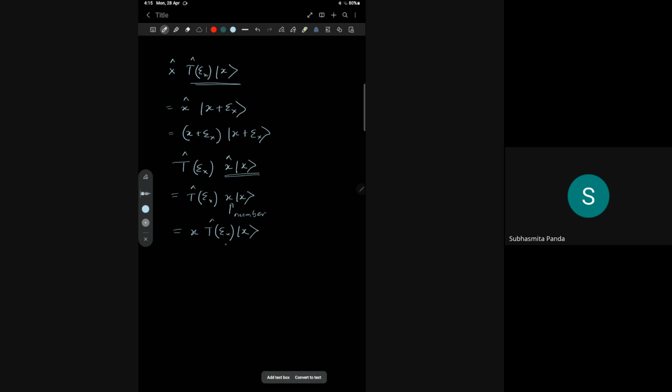T operating on x. This will just generate x, and this will generate x plus epsilon x. Okay? This is what we will get from this expression. Okay, and once we evaluate this one, we will get this.